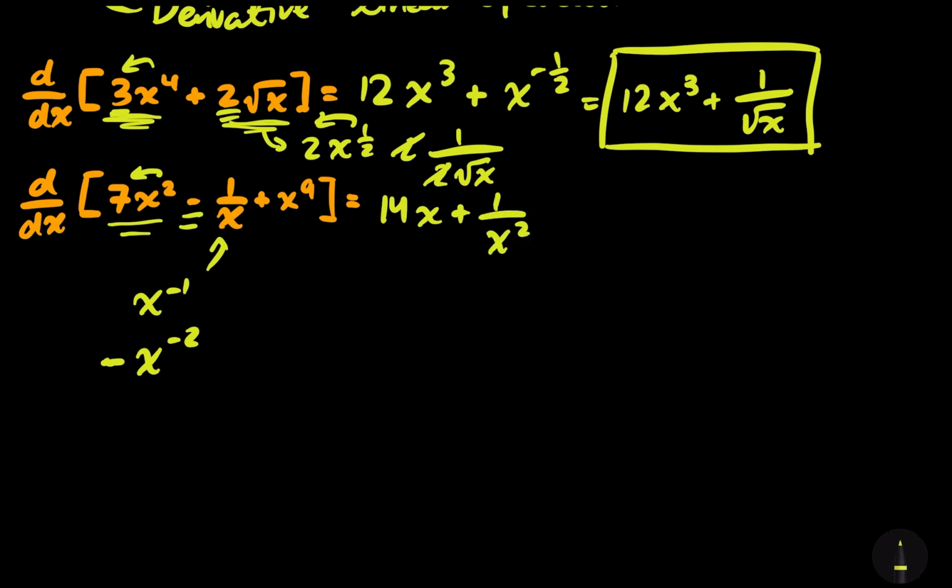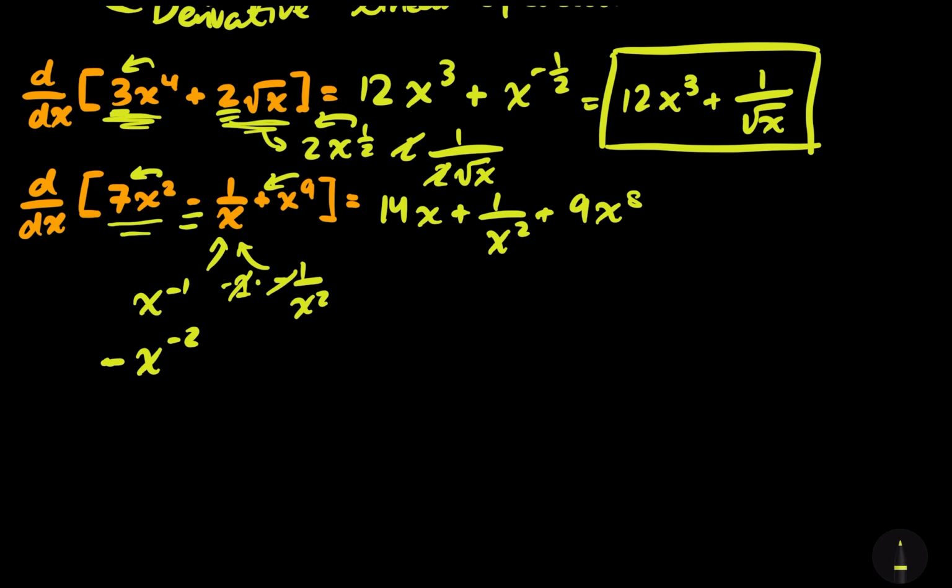In the previous video, we got that the derivative was negative 1 over x squared, and if you multiply that times negative 1, it will just become positive 1 over x squared. And then finally, we have x to the 9th right over here. Again, we just apply the power rule, so we'll get plus 9x to the 9 minus 1, which is just 8.